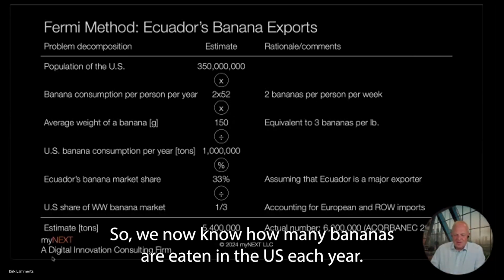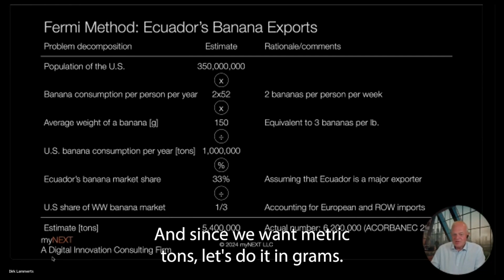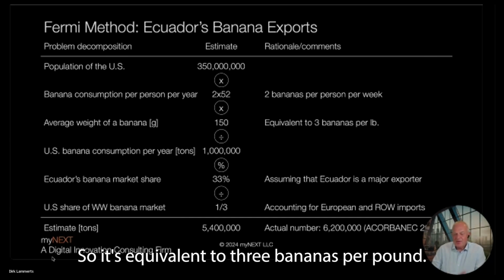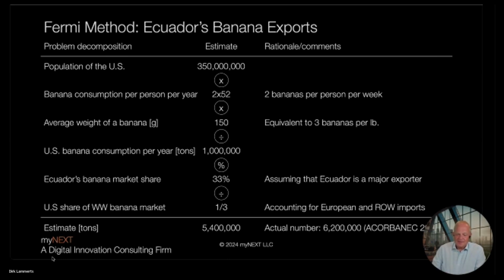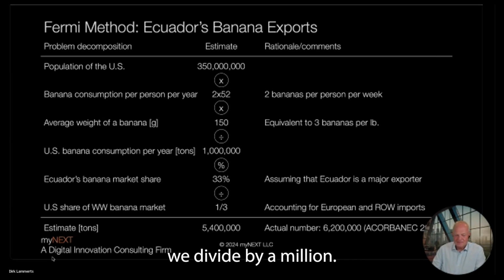So we now know how many bananas are eaten in the US each year. Question is, what is the average weight of a banana? And since we want metric tons, let's do it in grams. So my estimate is 150 grams per banana. So it's equivalent to 3 bananas per pound. Because we don't want to have grams, we want to have tons, we divide by 1 million.